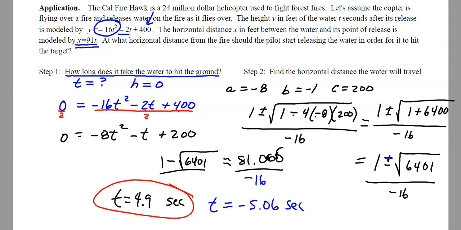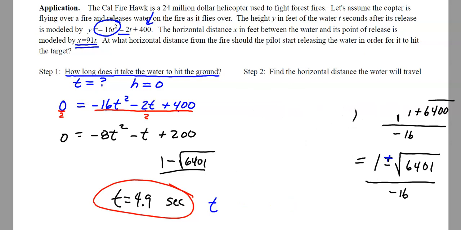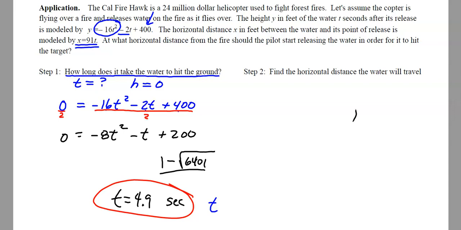So that's part 1. Part 2 is find the horizontal distance that the water is going to travel, and that's where we use this equation up here that they give me. I have this horizontal equation that says the horizontal distance is 91 times the number of seconds.